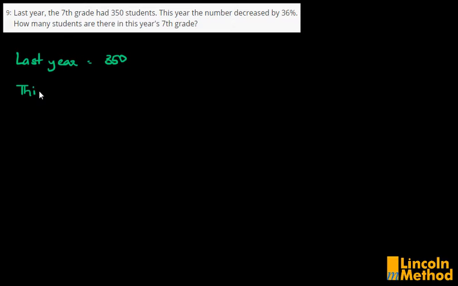This year, the number of students equals 36% less than what it was the year before, which means I can say that this year the number of students is 350 minus 36%, or I can also write it down as 350 minus 36 over 100. How many students are there in this year's 7th grade?